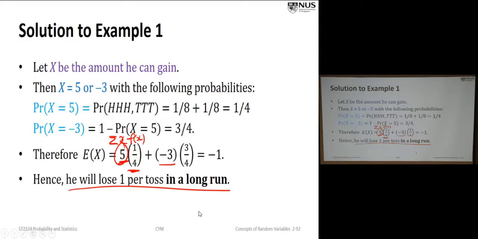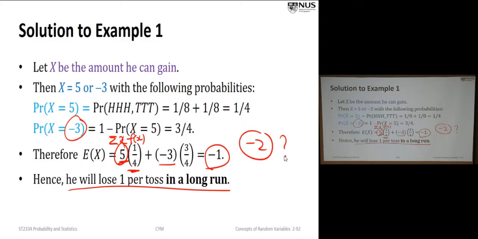So now, if I ask you, what should be the money that you pay out if it turns out to be the other outcomes, 1 head or 2 heads? What's a reasonable one? Naturally, since -3 will lead you to lose $1, don't pay so much. How about -2?